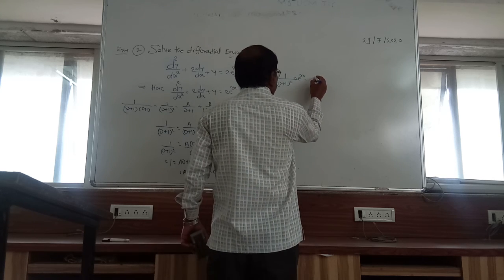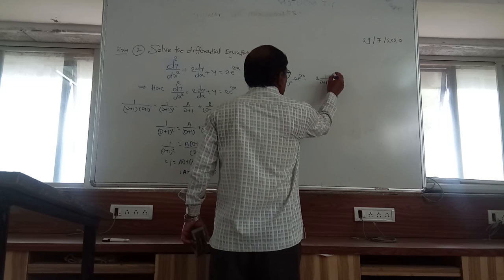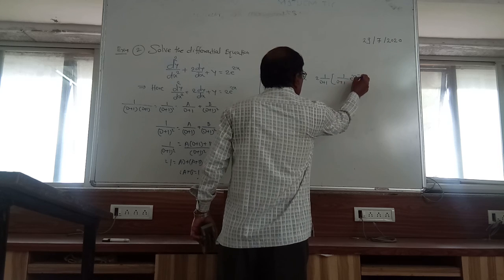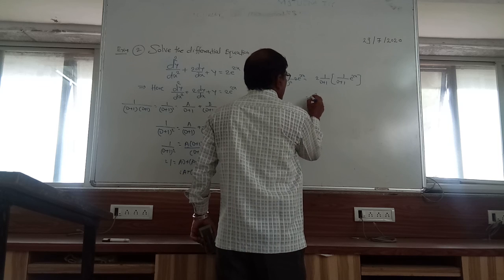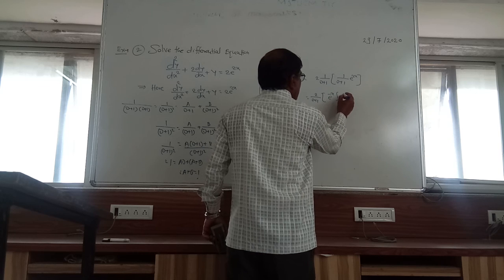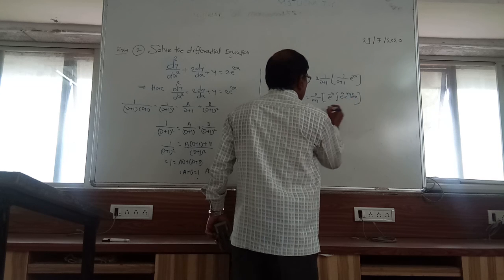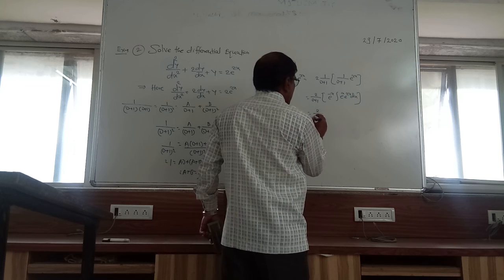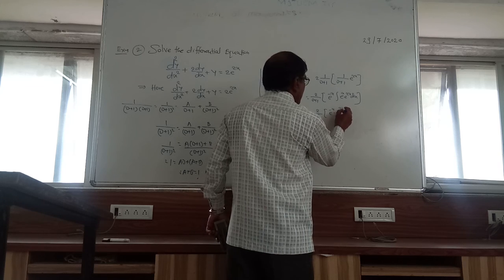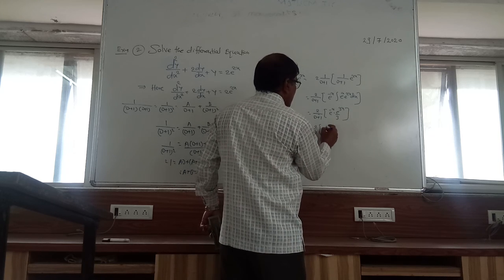That equals 2 times 1 upon d plus 1 of 1 upon d plus 1 e raised to 2x, that equals 2 upon d plus 1 of e raised to minus x, integration of e raised to x times e raised to 2x dx, that equals 2 upon d plus 1 of e raised to minus x times e raised to 3x upon 3, that equals 2 by 3 e raised to 2x.